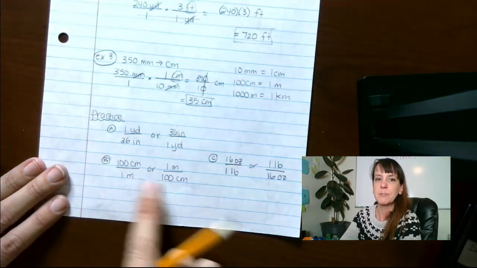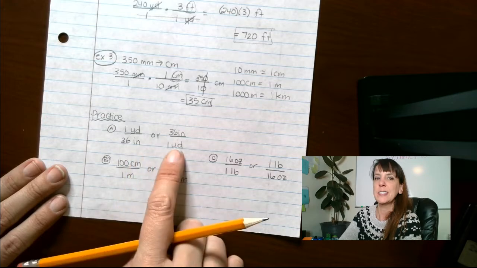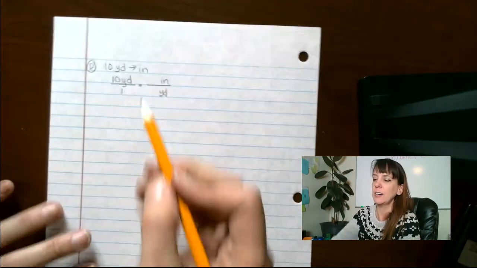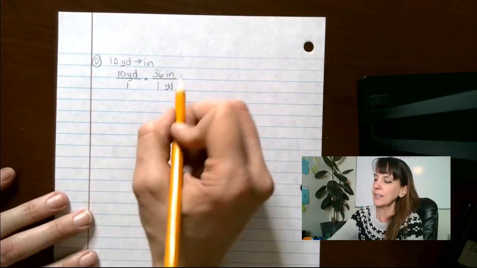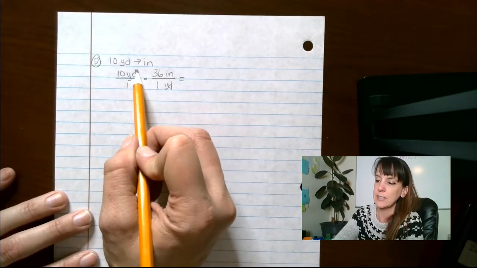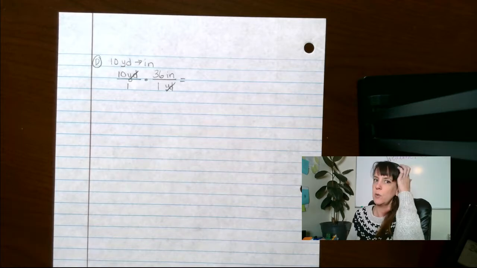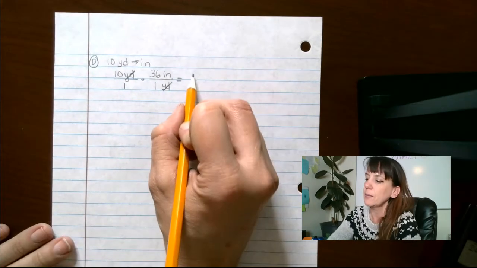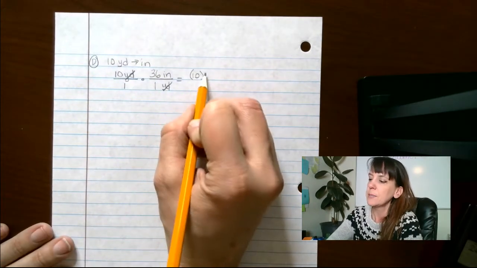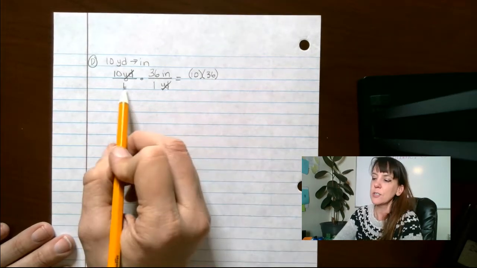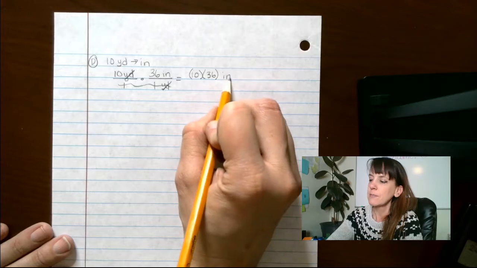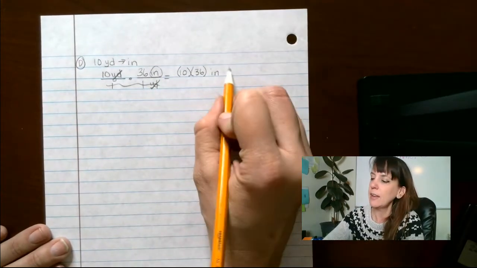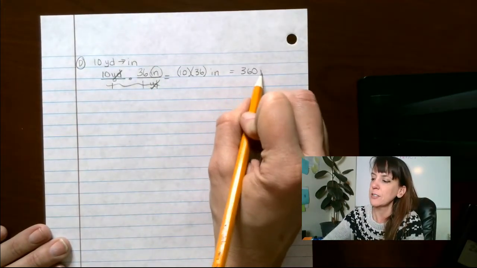And if we go back and we look at our unit conversions that we had here, you'll see 1 yard, 36 inches, or 36 inches in 1 yard. So we come back up here, 36 inches in 1 yard. So we'll cancel out our yards and yards because we have 1 upstairs and 1 downstairs. So that's going to be 10 times 36, and then downstairs is 1 times 1, so we can get rid of that, inches, because that's our remaining unit. That reduces down to 360 inches.